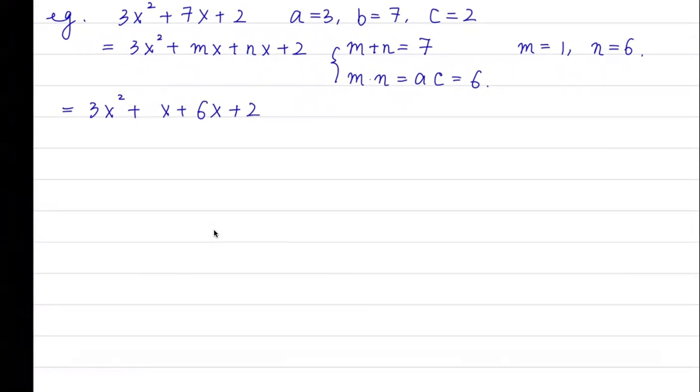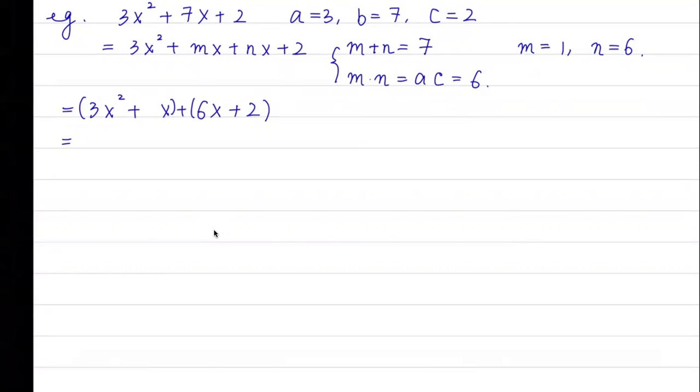Now what can we do? We can form two groups by grouping the first two terms and the second two terms. And now we can factor the common factor out for both groups.